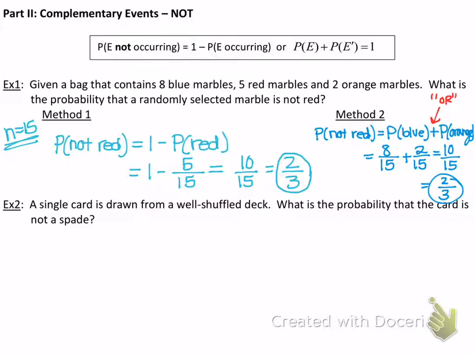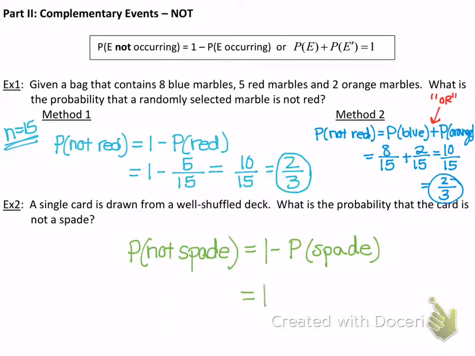Okay, so example 2: a single card is drawn from a well-shuffled deck. What's the probability that the card is not a spade? The easiest way to go about this, and I like method 1, complementary events, is that the probability of not a spade is equal to 100% or 1, all the total possibilities, subtract getting a spade, which stands for everything else.